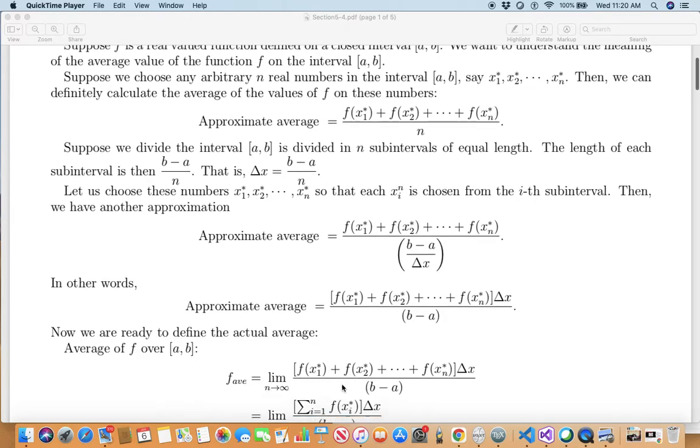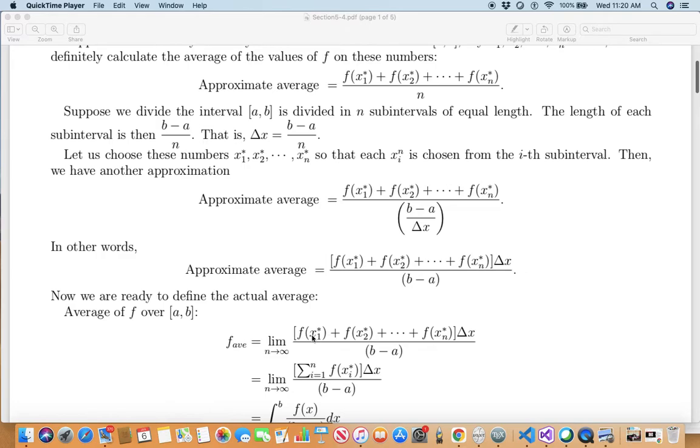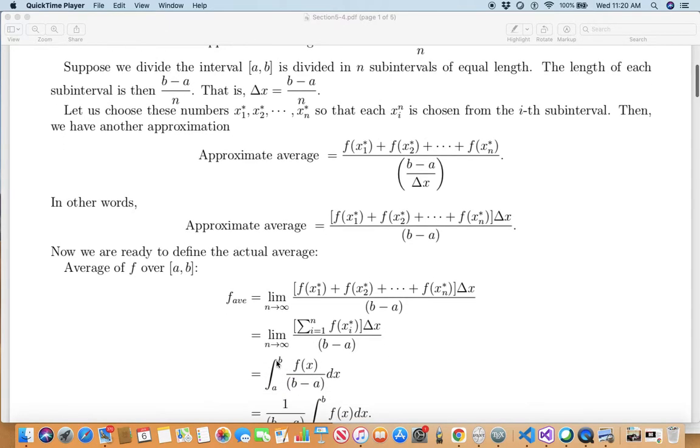You rewrite this as follows. The numerator is the summation i going from 1 to n of f at xi star, times delta x, divided by b minus a, with the limit as n approaches infinity. When you take the limit as n approaches infinity of such an expression, that summation becomes an integral.